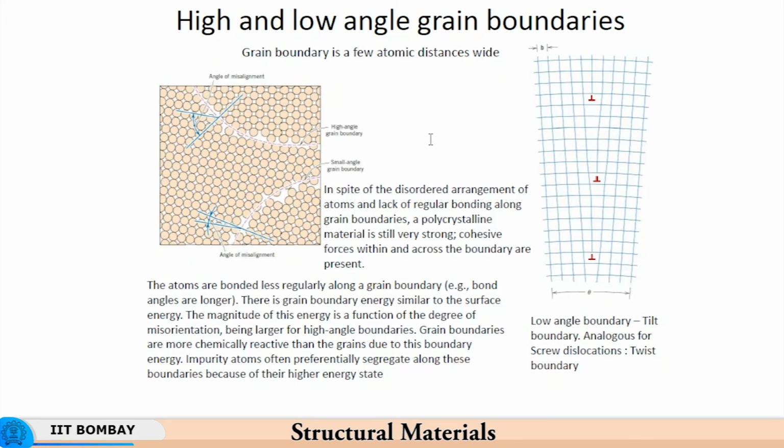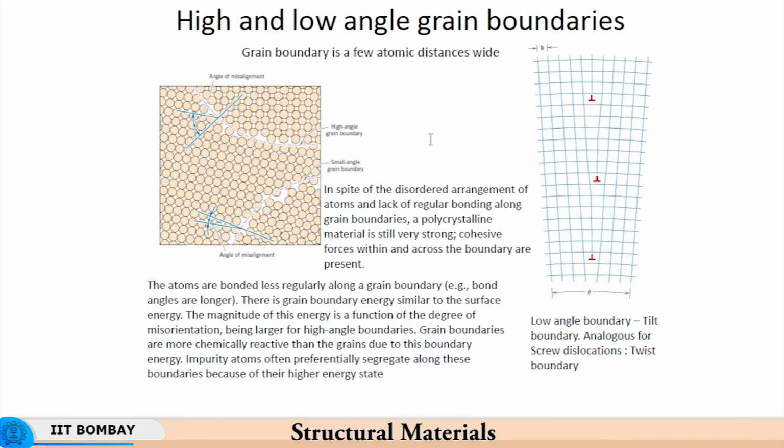Similarly, you have grain boundaries like tilt boundaries. The tilt boundary is talked about in the context of edge dislocations, where you have a small tilt between two orientations, whereas the twist boundary is in the context of screw dislocations.